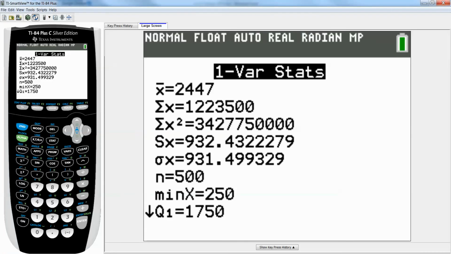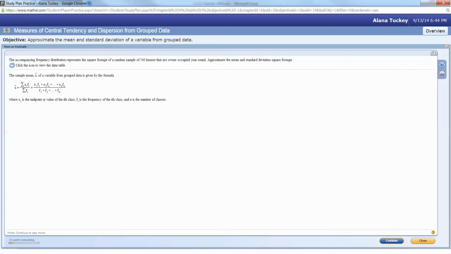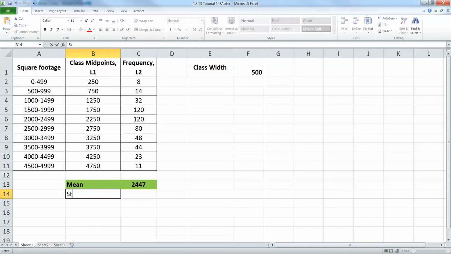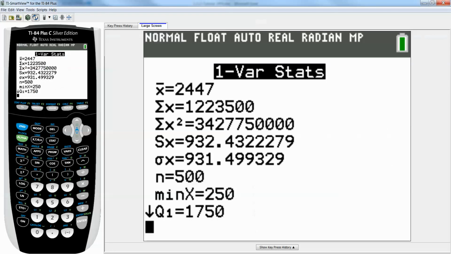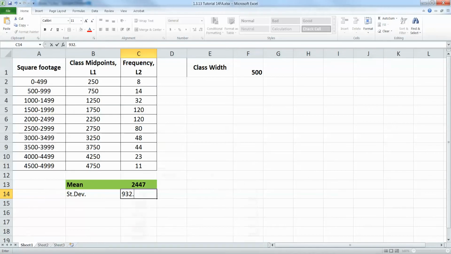So the standard deviation is 932.43. It's that Sx that's in the middle. That's your standard deviation. So let me just type that up. Standard deviation was approximately 932.432. I don't know how many decimal places they want. Hopefully not more than 3. And there we have it.